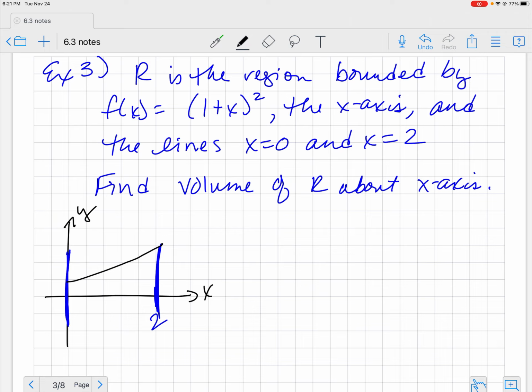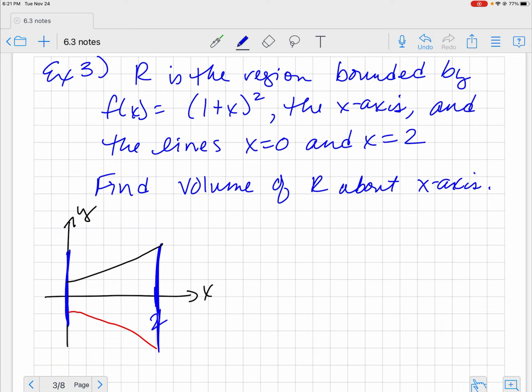Okay, so here I have this graph. And if I take this graph and swing it about the axis, it's going to look about like this. That's kind of symmetric. Not real good. Let me try one more time. It's close enough.